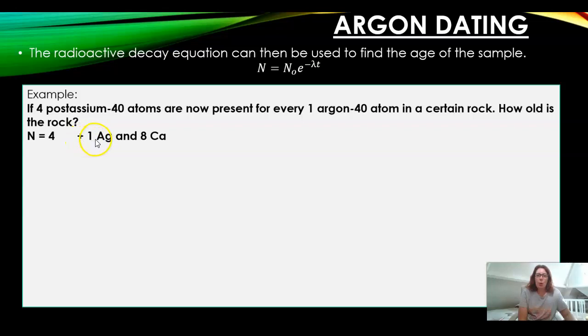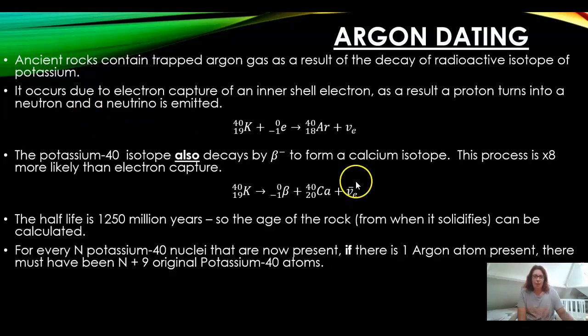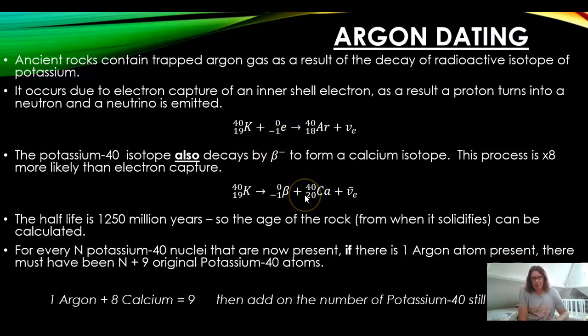And we've also got 1 argon for 1 argon. And if we had 1 argon, then we'd have 8 calcium. Going back to this idea here, that we have 1 of these to 8 of these. So in our rock, we've got 4 of these. That's our number of undecayed nuclei. We have 1 of these, which must mean we have 8 of these.